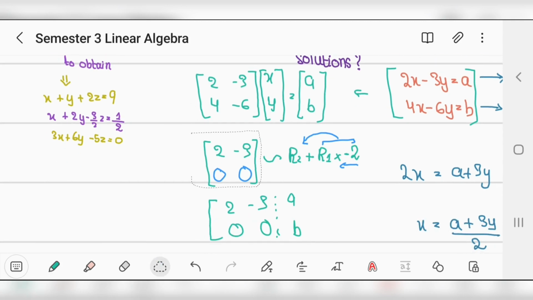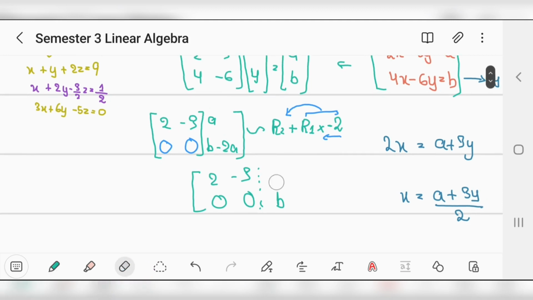So A and B will also come. So A multiplied by minus 2 and added to B, so B minus 2A. So we got A, and B minus 2A.